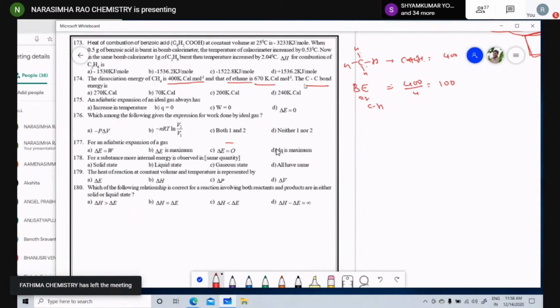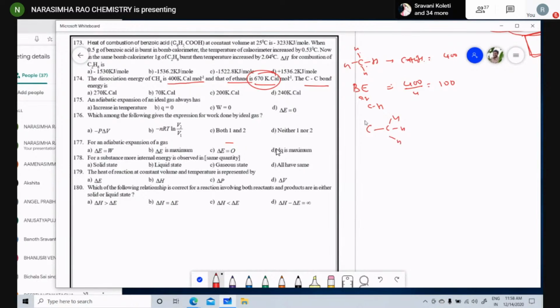Now, in the case of ethane it is giving 670. Ethane means C-C, C-H, C-H, C-H, C-H, C-H, C-H. All bonds breaking, including the C-C bond, is 670. Right, children?